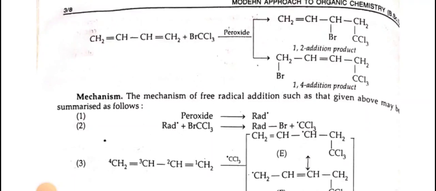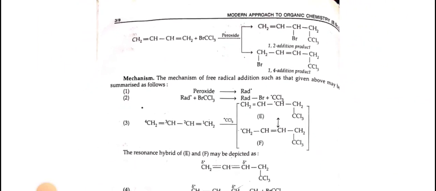Mechanism. The mechanism of free radical additions such as that given above may be summarized as follows. First, peroxide to radical, then the radical converts BrCCl3 into R-Br plus CCl3 radical. The resonance hybrid of E and F may be depicted.